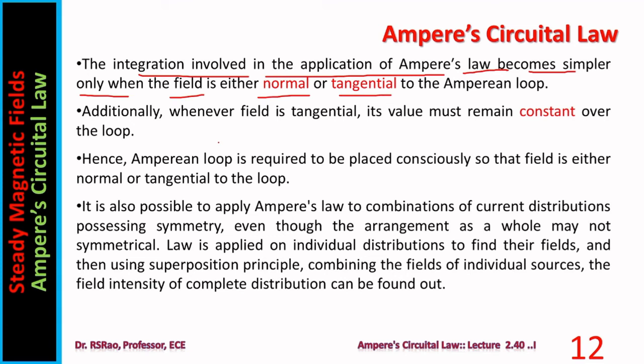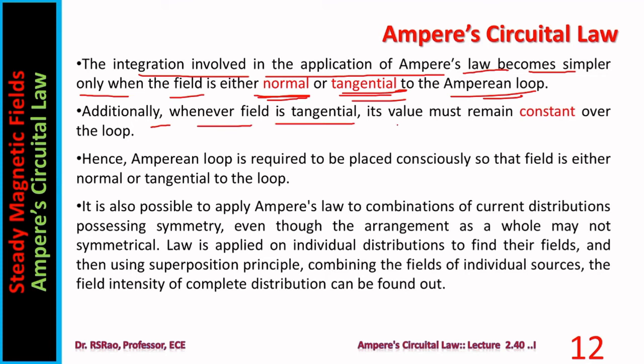Out of these two shapes, one has to be selected depending upon the symmetry exhibited by the source distribution, and it has to be placed appropriately. So the shape of the loop and its location with respect to the source distribution are to be chosen in such a way that the field is either normal or tangential to the Amperian loop.